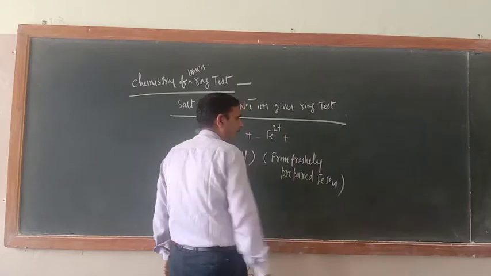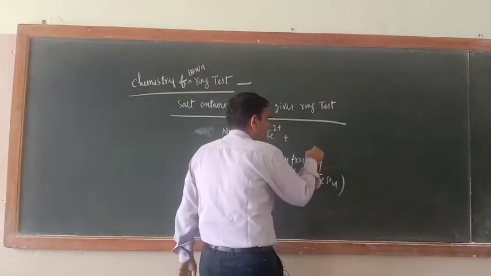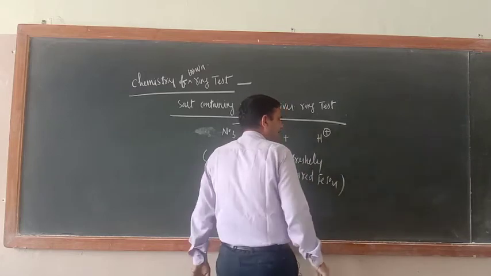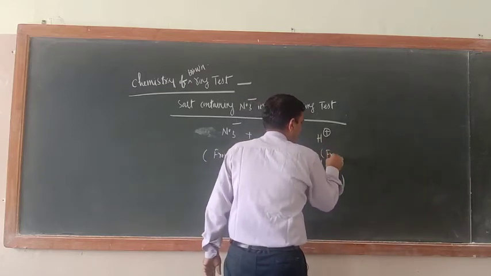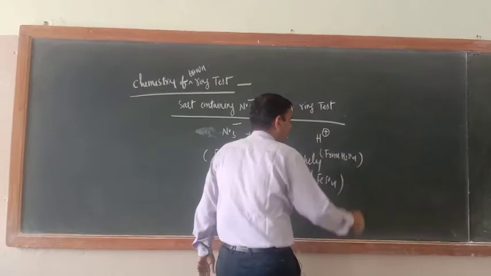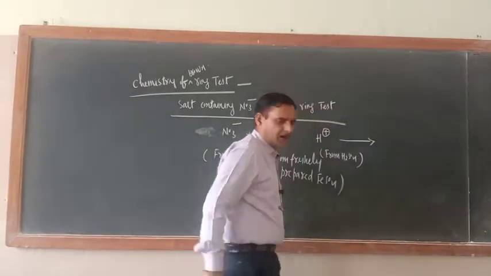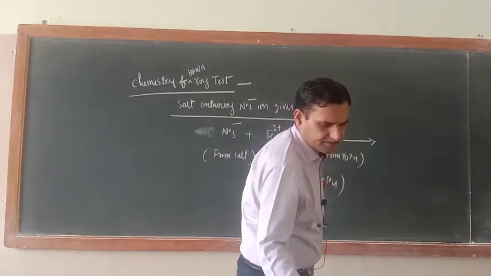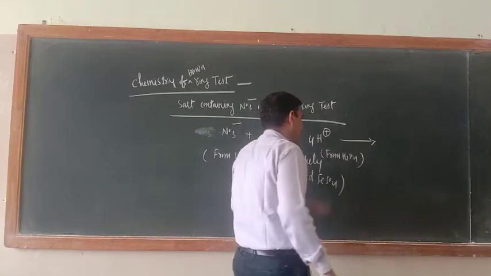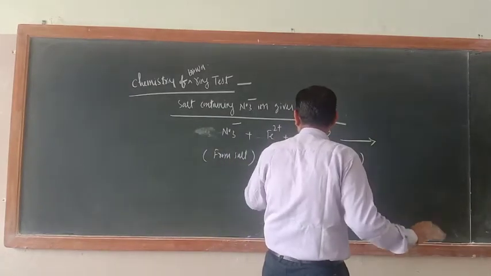Then what you are adding? You are adding the H positive ion, which means from the acid. Here write from H2SO4. Now just try to understand what product forms. While balancing, it will be for H positive. Now what product will you have?